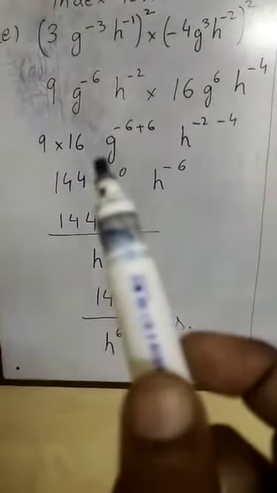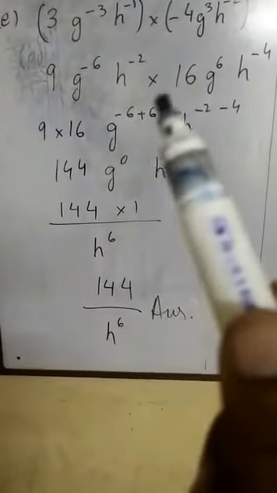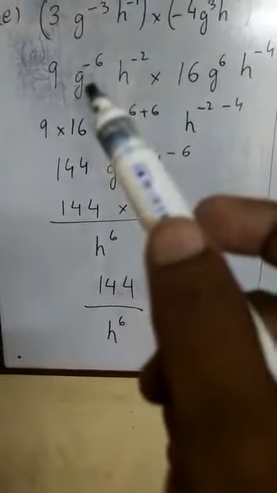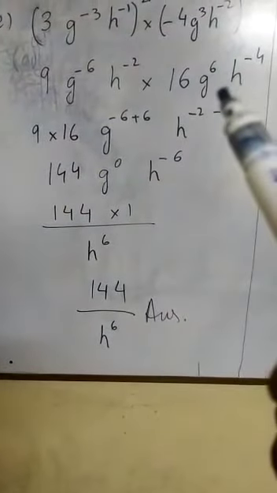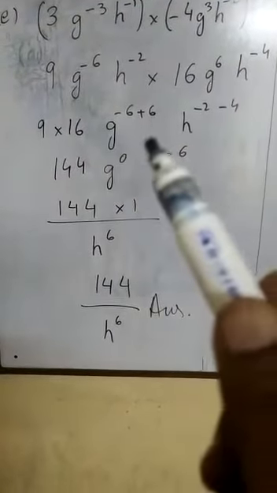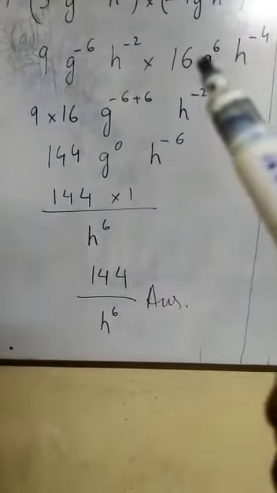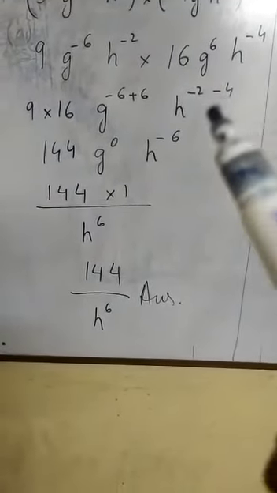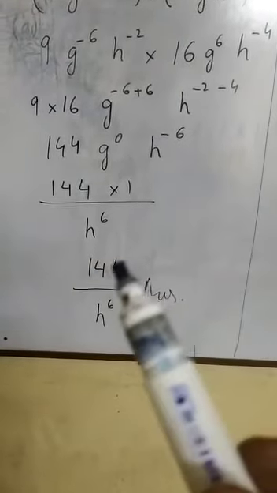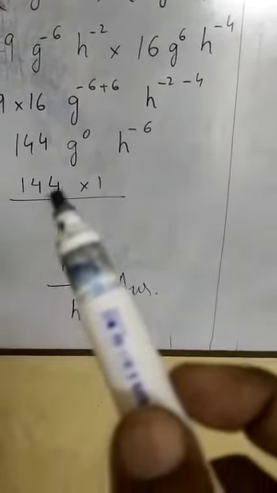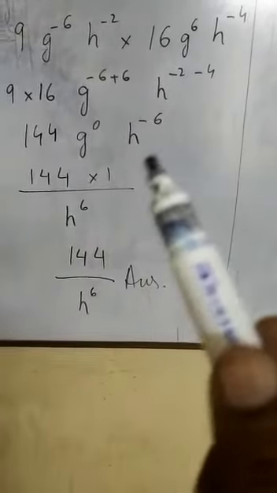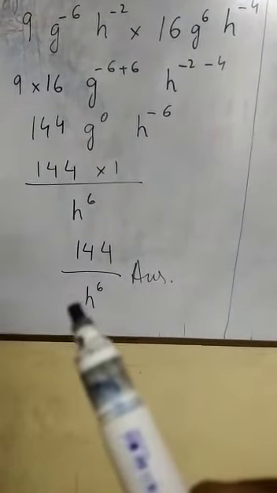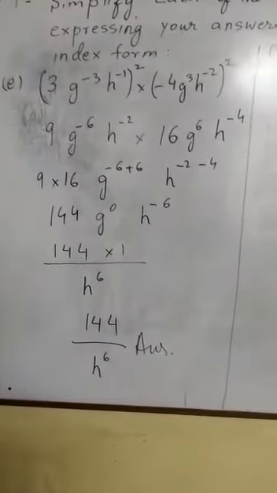Now 9 into 16 will give you 144. G will be minus 6 plus 6, so it becomes G^0. And H is minus 2 and minus 4, so this will be H^-6. G^0 will become 1 and this H^6 will go down. So it will be 144 upon H^6.